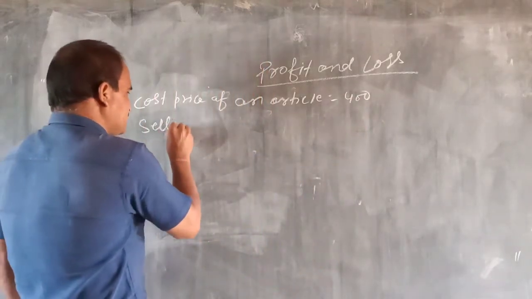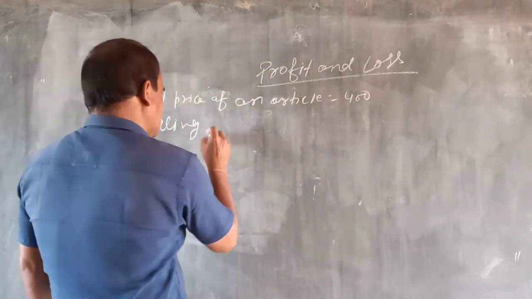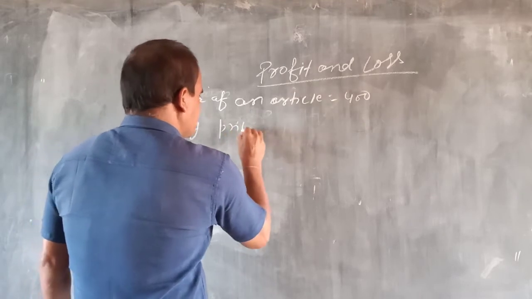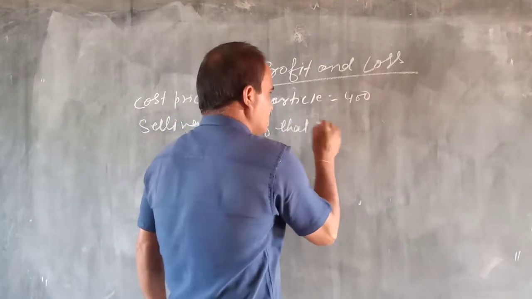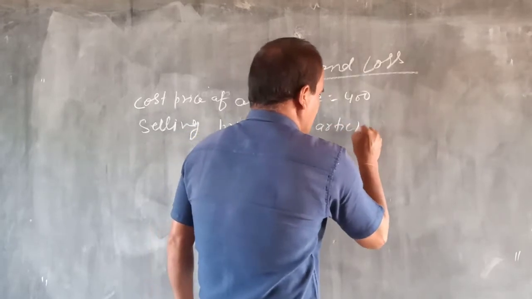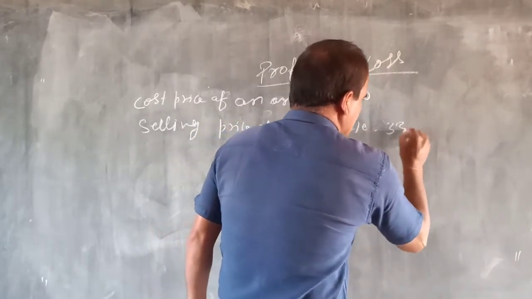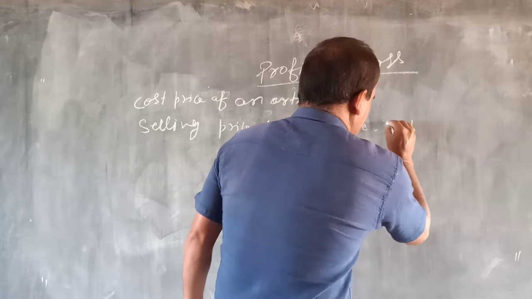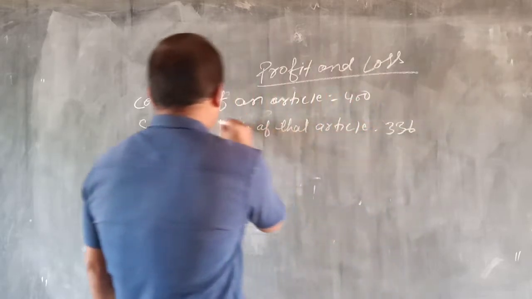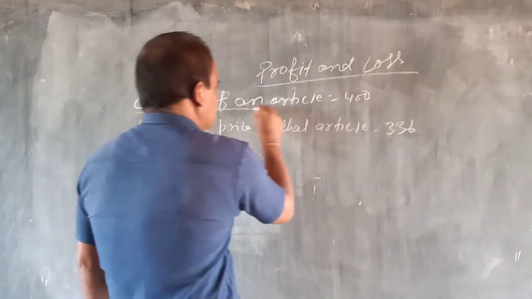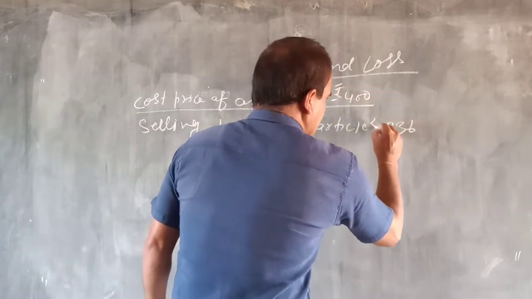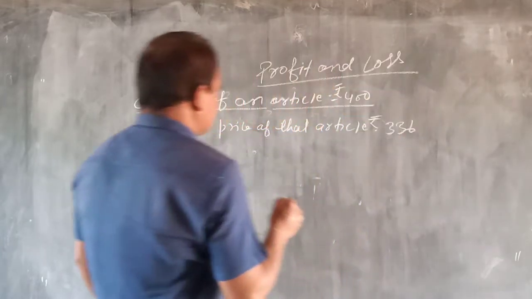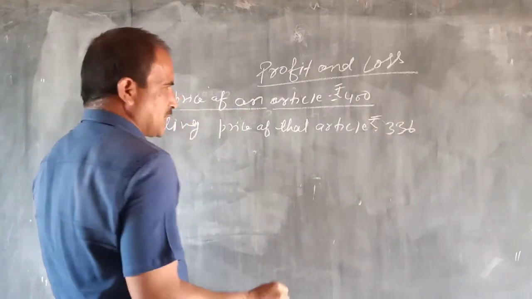The selling price of that article is equal to 336. Then first we have to compare these two amounts, the cost price and the selling price.